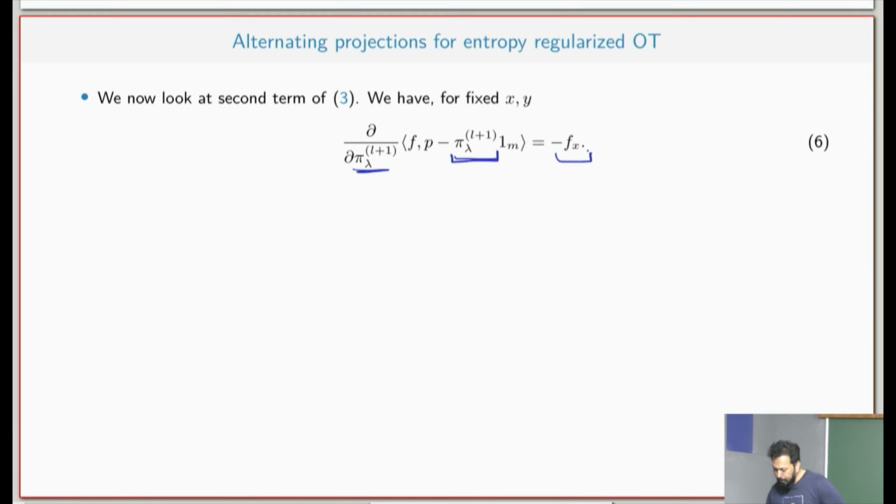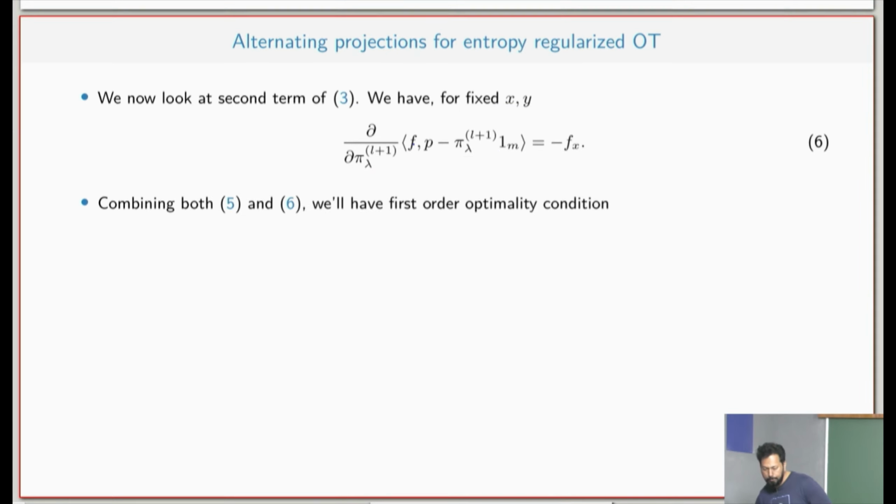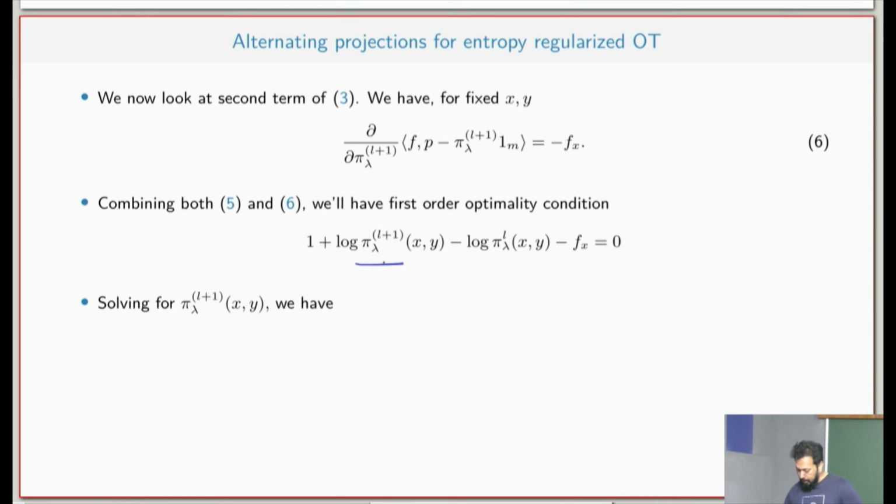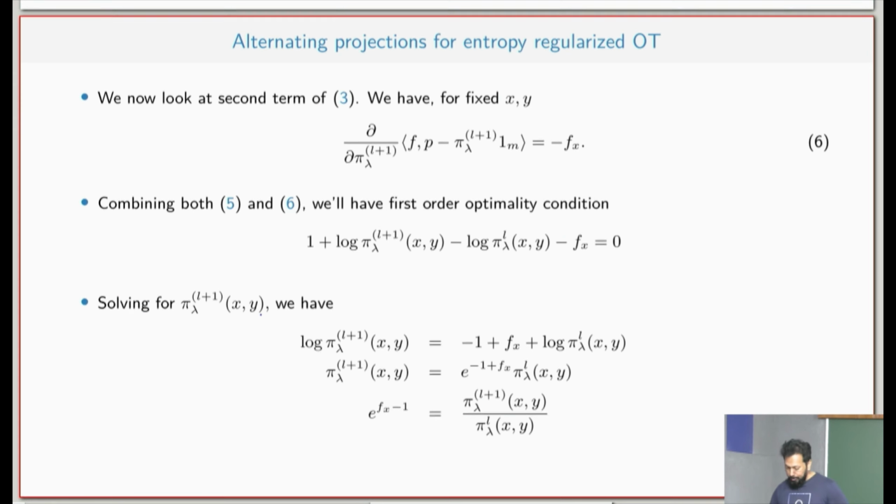Okay, if we fix it for some x and y, since I'm looking only along the x right now, then it will just give me the f component here. So combining both 5 and 6, we wrote this in a combined form. This is the second term derivative, and this is the first term derivative, and if it is equal to 0, then we solve for pi lambda this term here. If we solve for this, it is simple algebra.